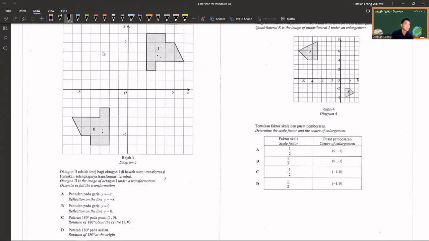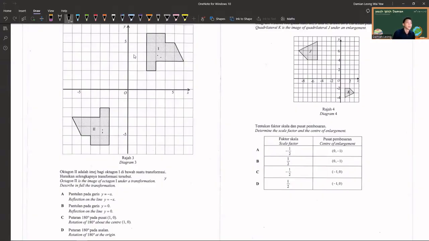Tetapi ini bukan merupakan pantulan. Kalau kamu tak boleh lihat, if you cannot see whether it's a reflection, you can look at it in a different perspective. You can turn the whole paper.